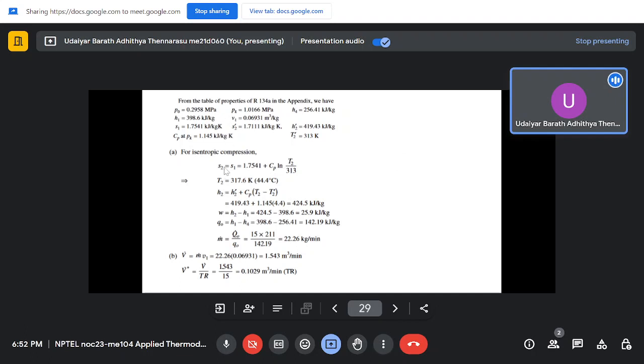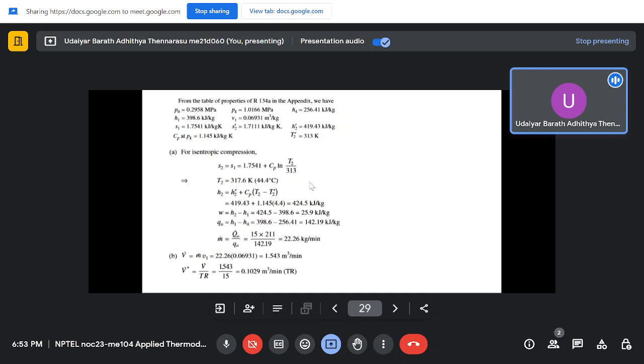So S2 dash will equal 1.7541 plus Cp ln T2 by your condenser temperature 313. So you can use the entropy calculation to find the temperature here. Once the temperature is found, then we can find H2.